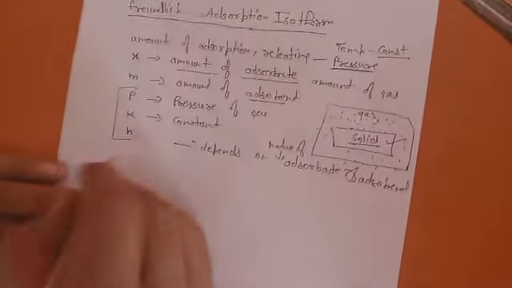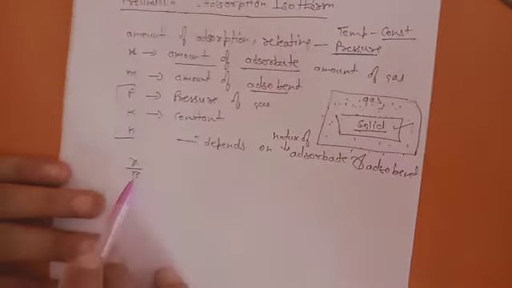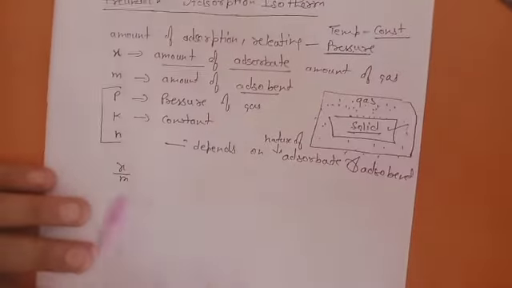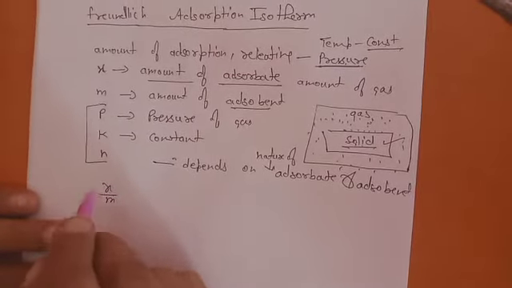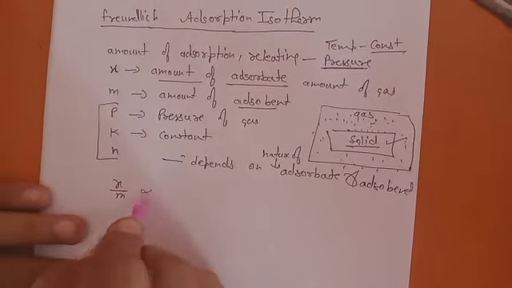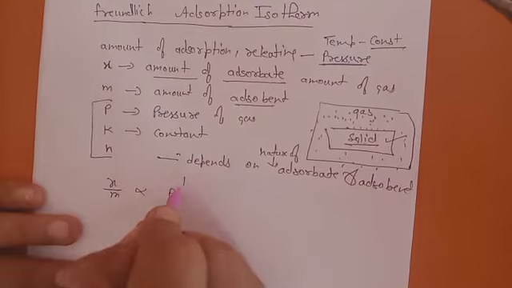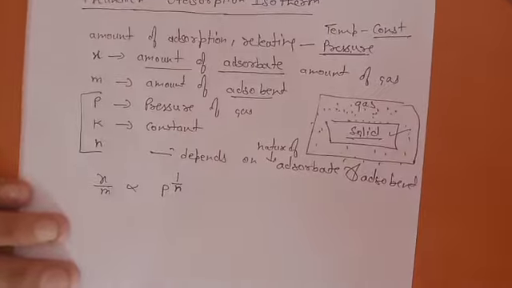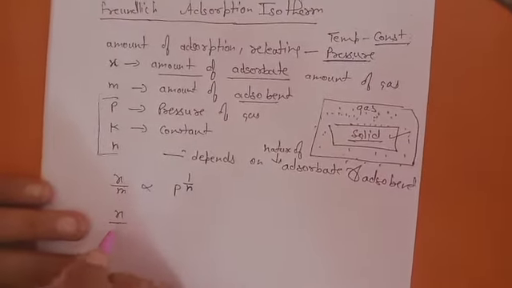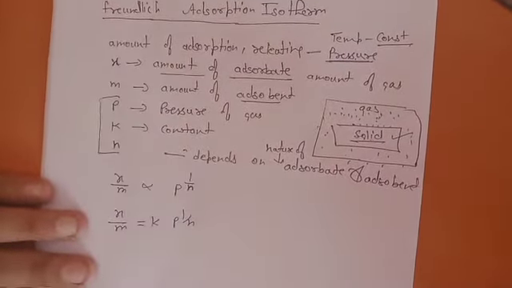So what relation did he find? He found that the x by m factor, where x is the amount of adsorbate and m is the mass of adsorbent, gives the amount of adsorption, and it is directly proportional to the pressure of the gas raised to the power 1 by n, where n depends on the nature of adsorbate and adsorbent.